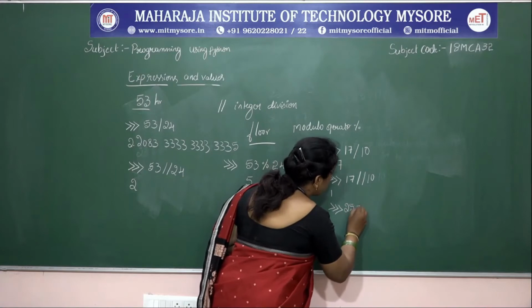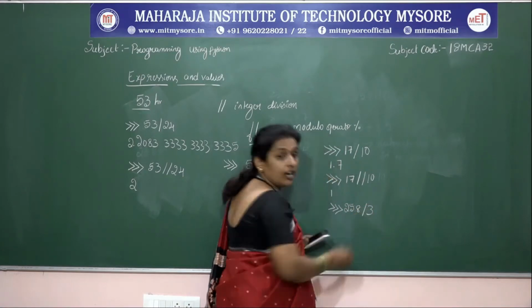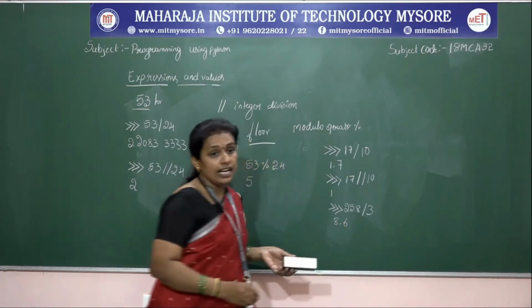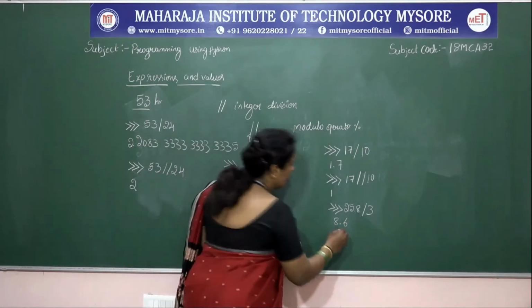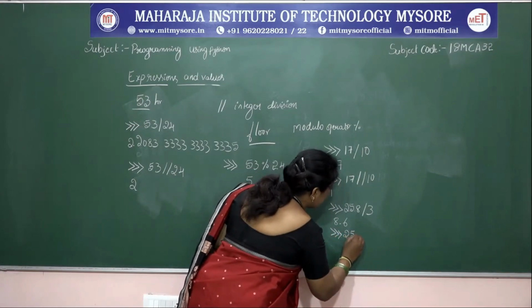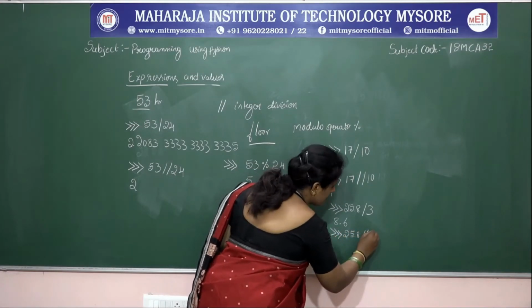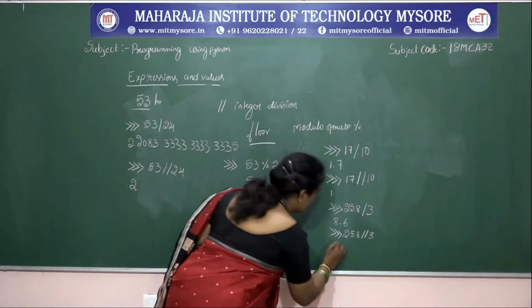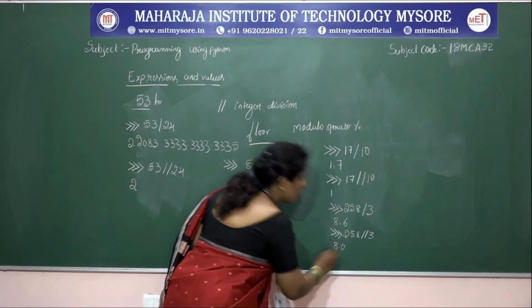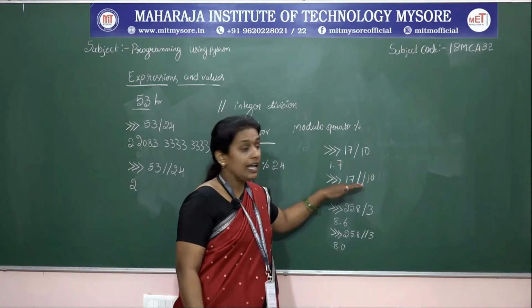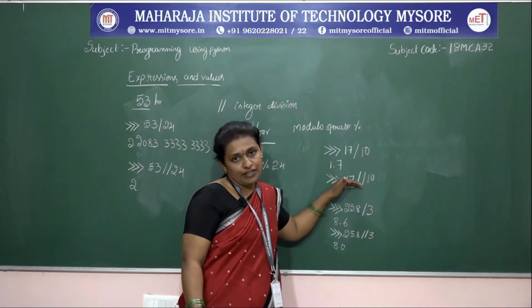So 25 normal division by 3, you will get 8.6 as the answer. So when you run 25 integer division by 3, you will get the answer as 8. So here observe that with this example I have given only integer values.